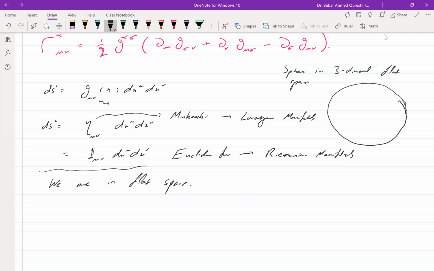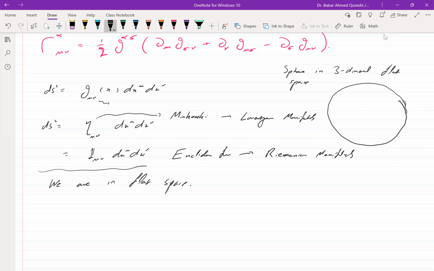So if we can find a coordinate system where the metric takes this form, then we know that we are in flat space, because the geometry you derive from this metric is just the geometry of flat space.